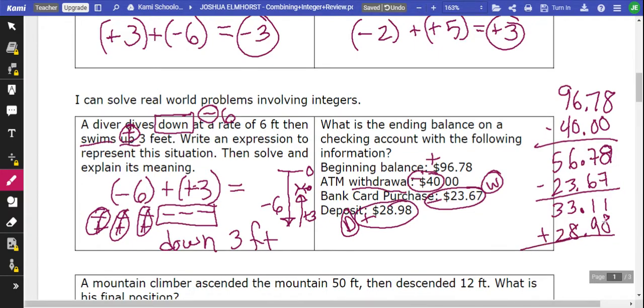So 9, 8, 9, 10, 11, 12. So what's the ending balance? The ending balance should be $62.09.